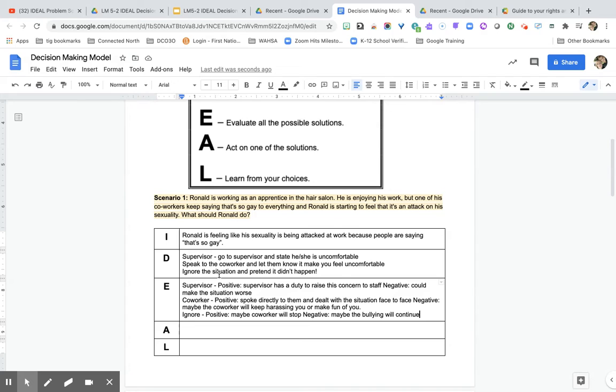So in this case, maybe we would say, okay, I think the best thing to do is ask the coworker to stop and say that the comments make me feel uncomfortable.